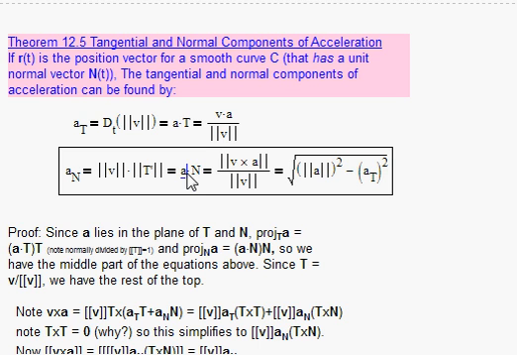And that's the acceleration vector dotted with the normal vector, and that would give us the length of v cross a divided by the length of v. Wowzers. And that would be equal to the square root of the length of a squared minus the length of a sub t squared. Wow, how can all that be true?